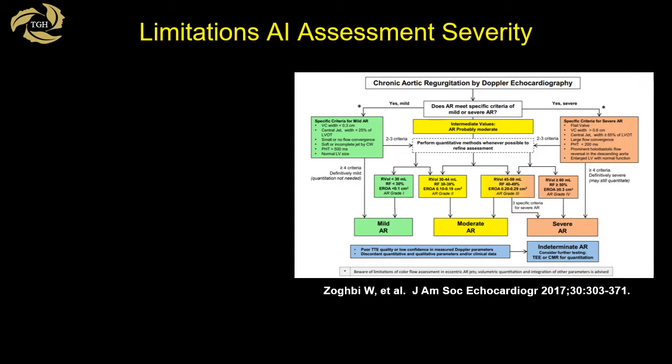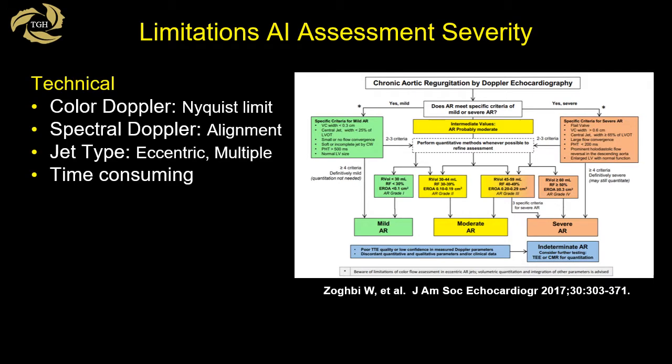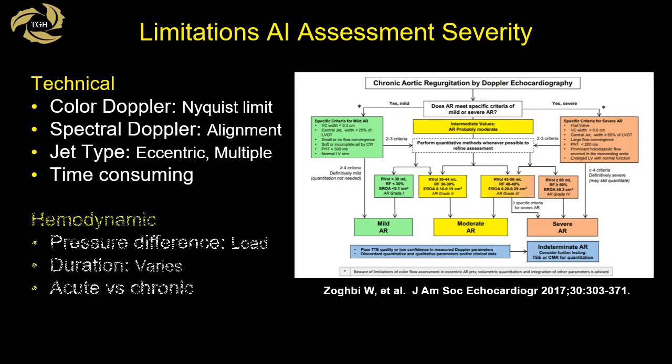The grading of AI is complicated by technical and hemodynamic factors. Technical factors include using an appropriate Nyquist limit, assessing jet type for eccentricity and multiple jets, and spectral Doppler for alignment. Hemodynamic limitations include the pressure difference, which is load dependent, and the duration, which varies.